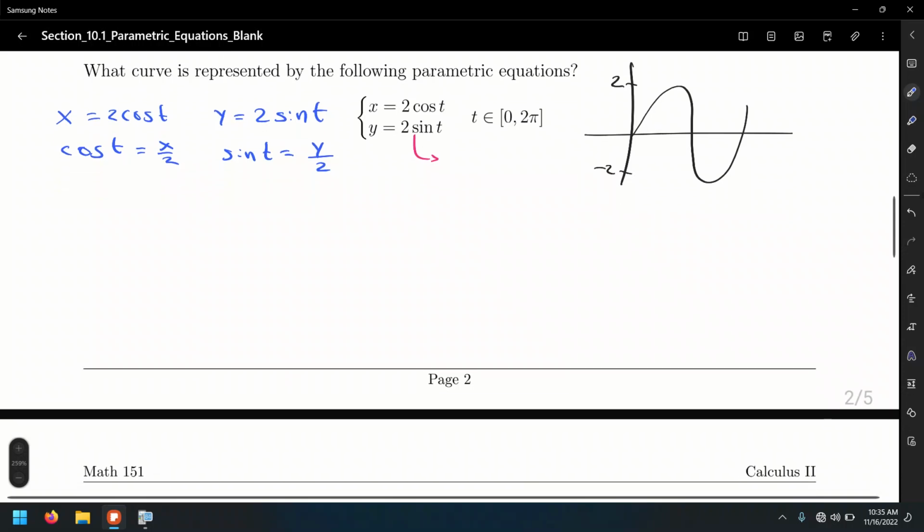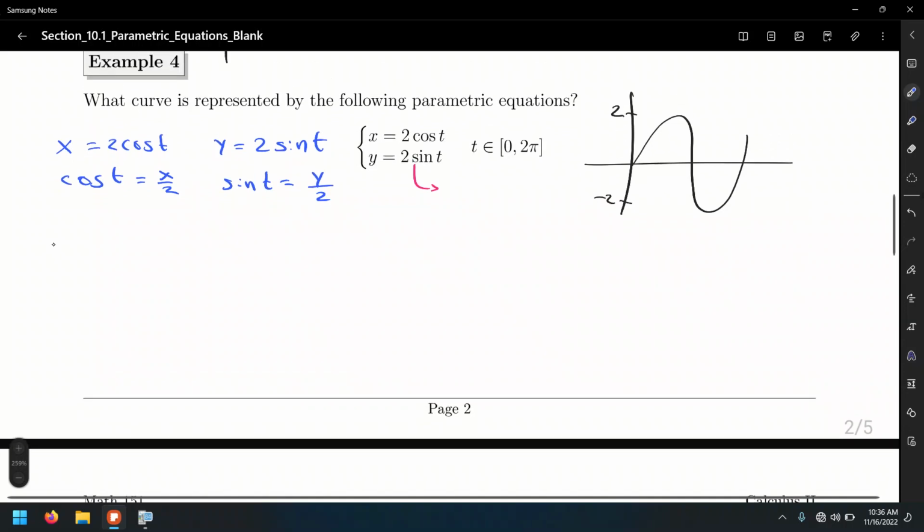So we are safe now to go about the trigonometric identity. That is, cosine squared t plus sine squared t equals 1. That's the Pythagorean identity to go back from the world of parametrics to the world of Cartesians. So this is the same as saying cosine t quantity squared plus sine t quantity squared equals 1.